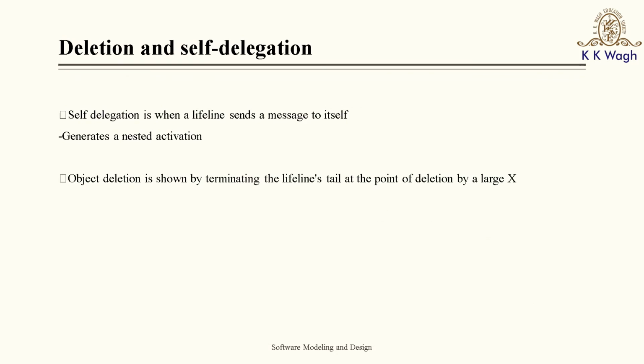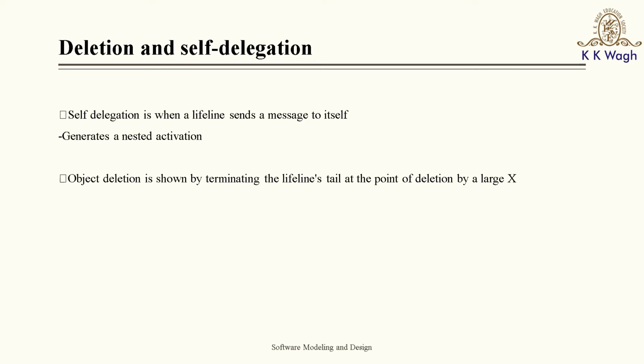Now, how deletion and self-delegation take place in a sequence diagram. So, see, self-delegation means what? A lifeline sends a message to itself. Okay, this is a repetition. So that is called self-delegation, or we can say it is a nested activation.